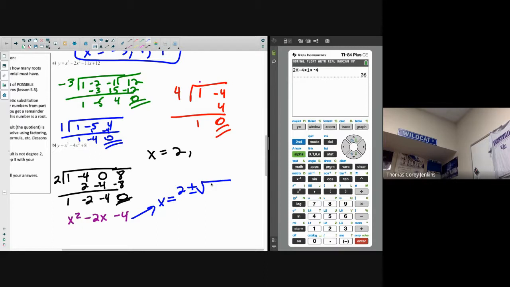Let's see, b, oh, I did 2x. Let's try that again. 2 squared minus 4 times 1 times negative 4. That's going to be 20. That makes more sense because I knew I had irrational roots there. That's why I knew 36 couldn't be it, because that'd be a whole number. Over 2 times a, so just over 2. Square root of 20 is going to break down to 4 square roots of 5.